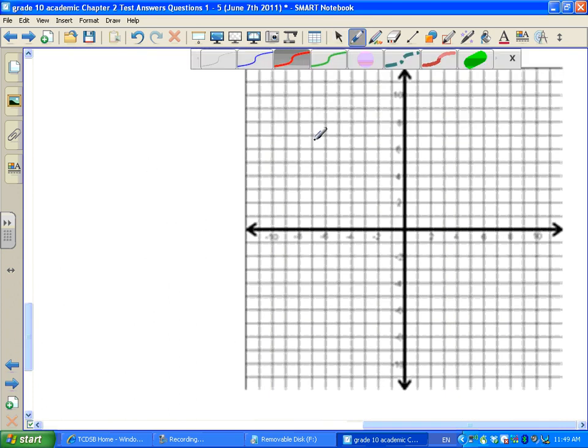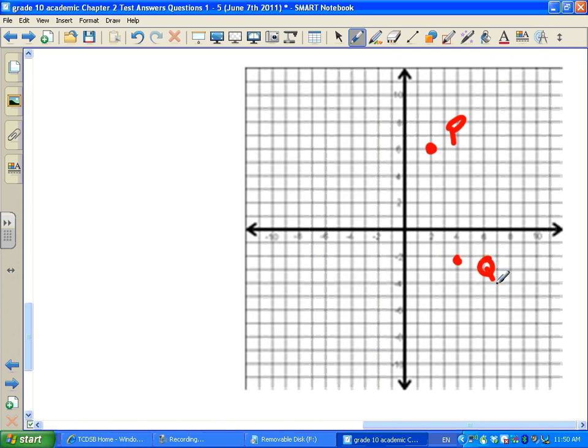Okay, so point P is at 2 and 6. I think that's a 6. It's hard to see. Point P. And point Q is at 4 and negative 2. So go over 4, down 2. So this is our original line. And we need to find the equation of the right bisector.